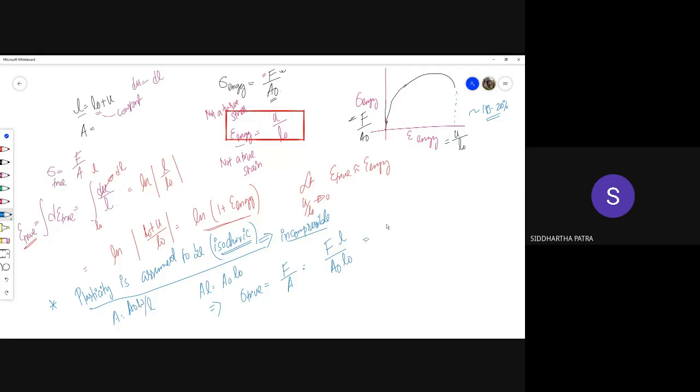So if I take only this part, that becomes the engineering stress. And this part right here is, as we discussed earlier, 1 plus epsilon engineering, which basically means the true stress is engineering stress times 1 plus engineering strain. The point being again that in the limit engineering strain tends to 0, the true stress and the engineering stress are very close to one another.